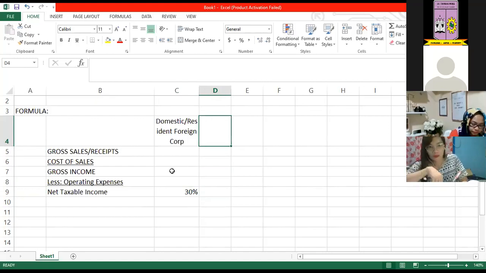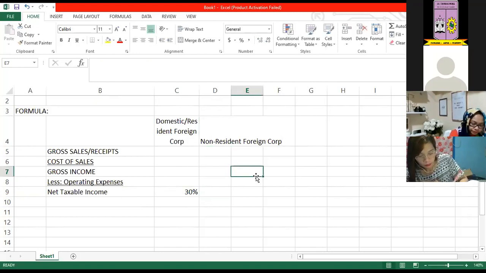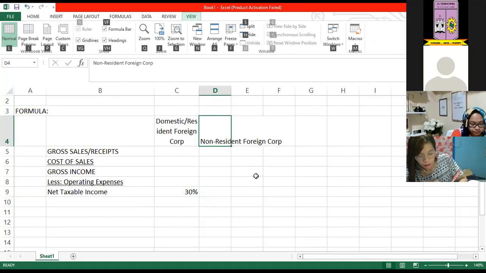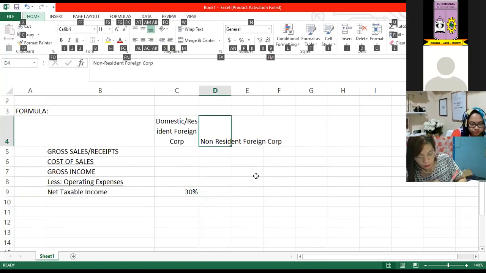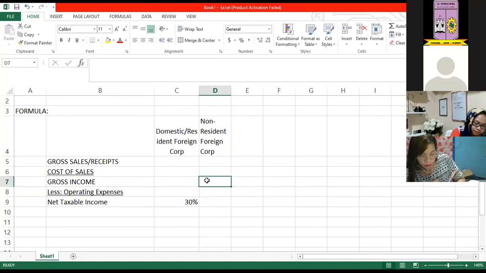But for non-resident foreign corporation, yung tax base natin is dito sa gross income.